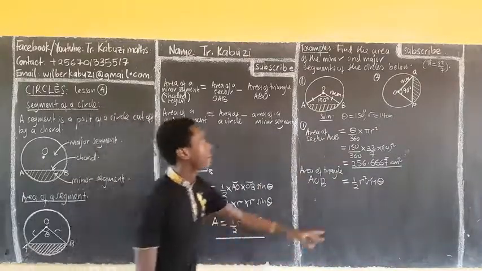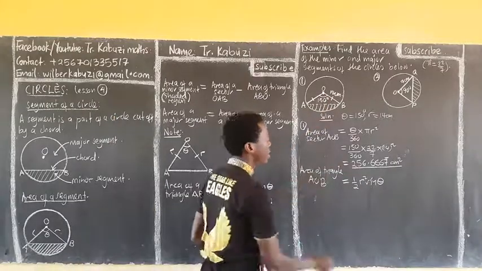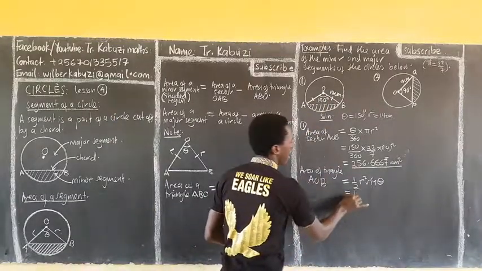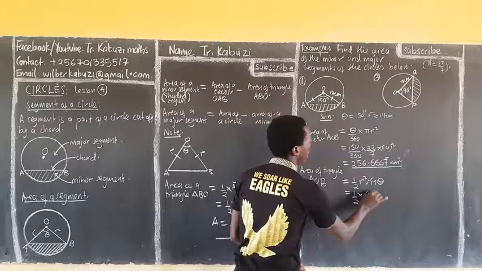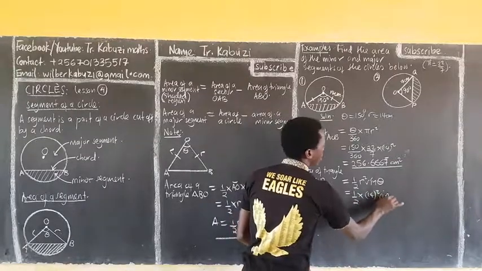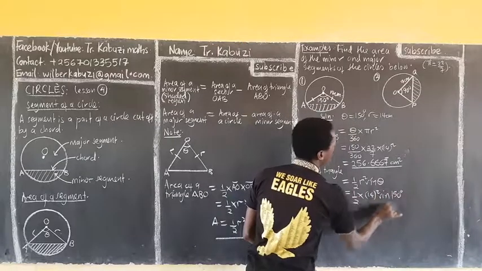So now I have the radius, I have theta also. So it's going to be now a half times 14 squared, then sine 150 degrees.